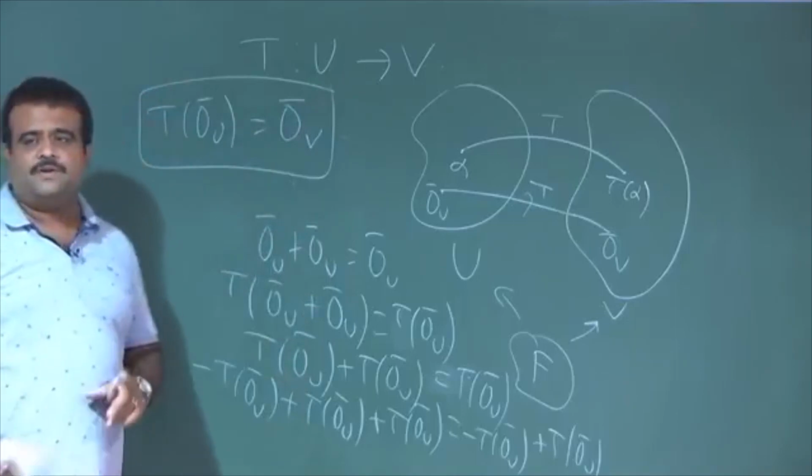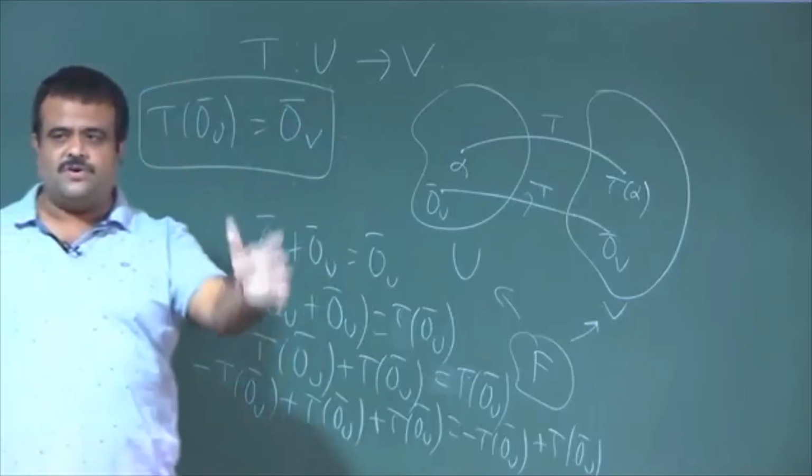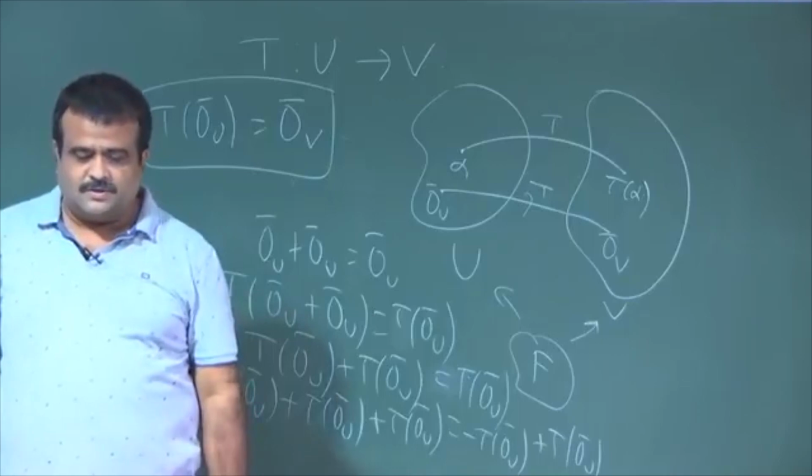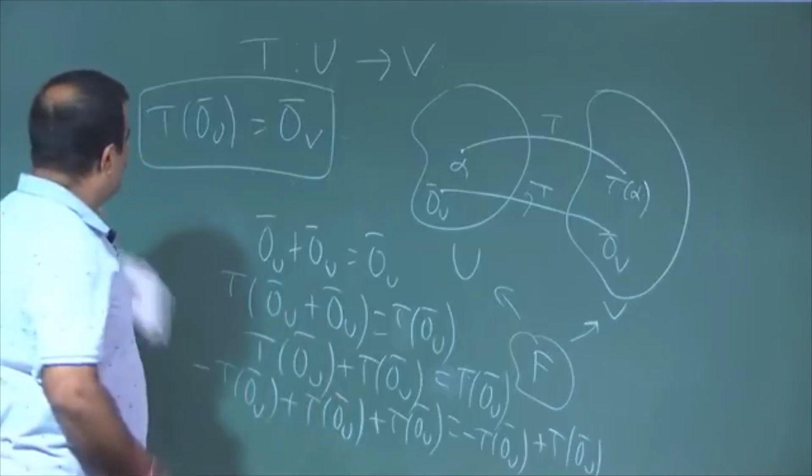So, the 0 vector is going to the 0 vector of the other vector space. Okay. This is one property.